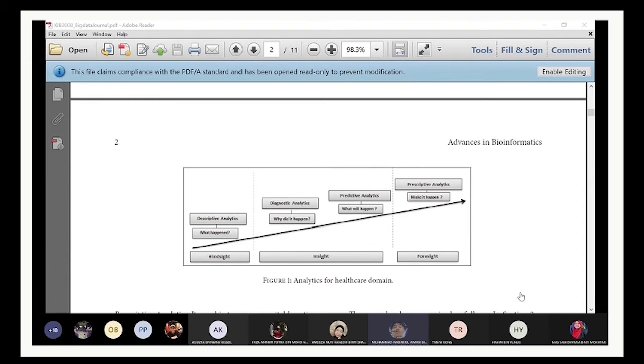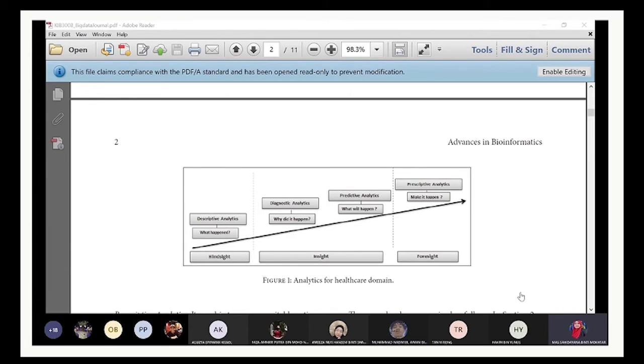The diagnostic analytics is why the event happened, and predictive is what are the outcomes of the event, and then the prescriptive analytics is what to make happen. I cannot understand whether we can make it happen or not.